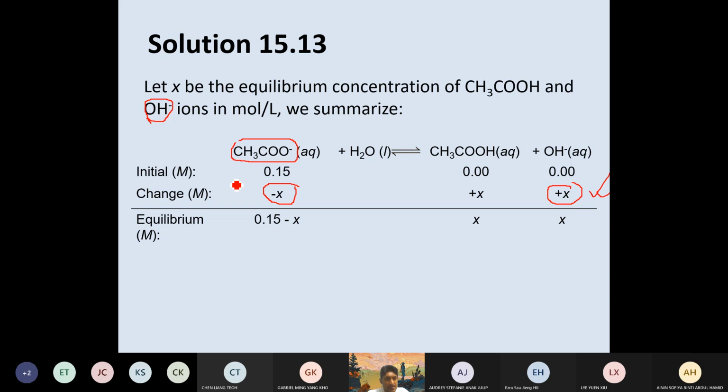Let's say that X amount of it, out of this 0.15, has been hydrolyzed, producing X amount of hydroxyl ion. So here, what is it behaving as, an acid or a base? Can anybody tell me? What do you think? Is it acid or is it a base?